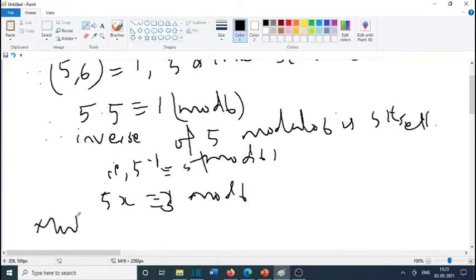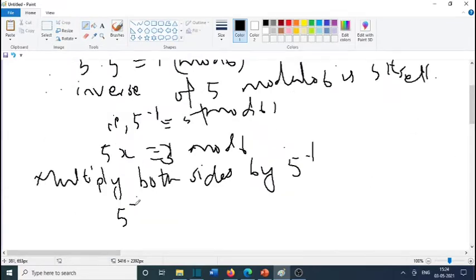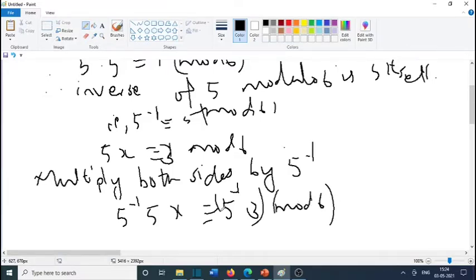Multiply both sides by 5 inverse. We get 5 inverse into 5x congruent to 5 inverse into 3 mod 6. 5 inverse 5 is 1.